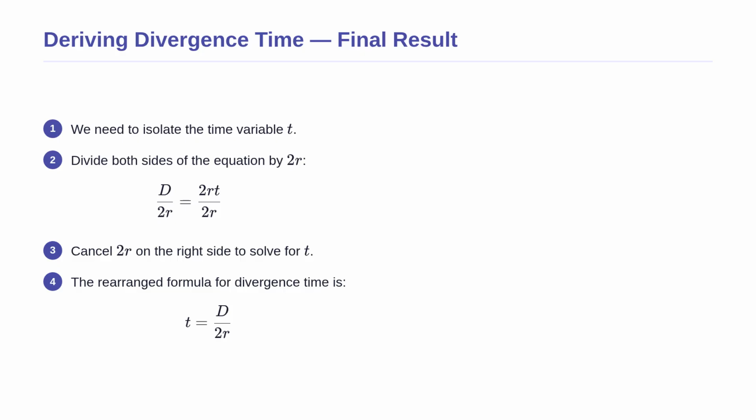This gives us our final rearranged formula, T equals D divided by 2R. This algebraic rearrangement is crucial because it beautifully transforms our raw genetic data, the distance D, into a readable historical timeline. We are now ready to use this to date human evolution.